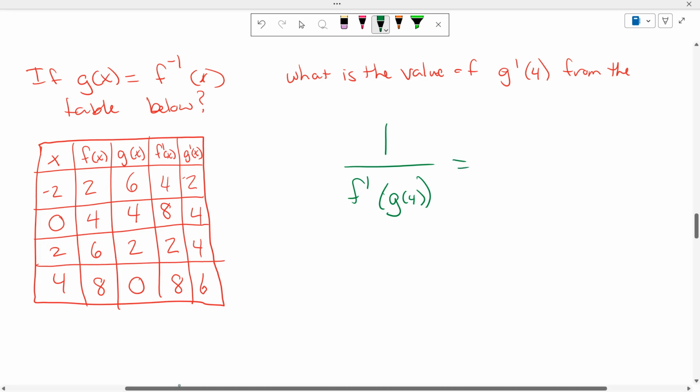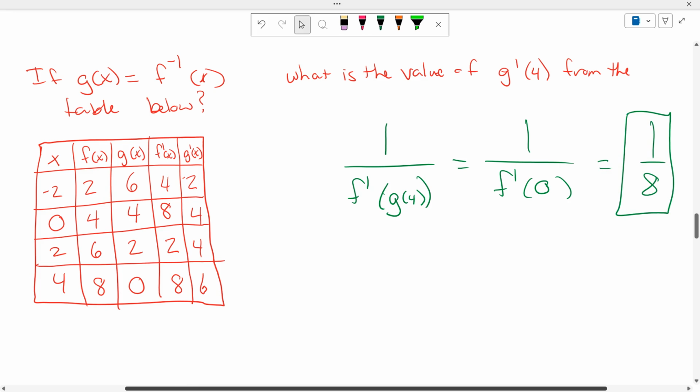So, what's the first derivative of f? Well, what's g of 4, actually? 0. What's the first derivative of f at 0? So it is 1/8.